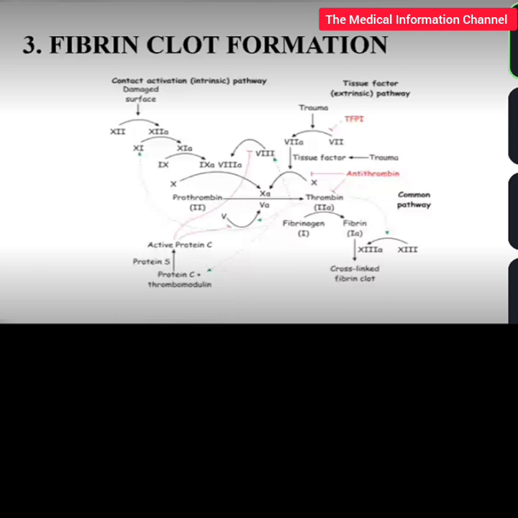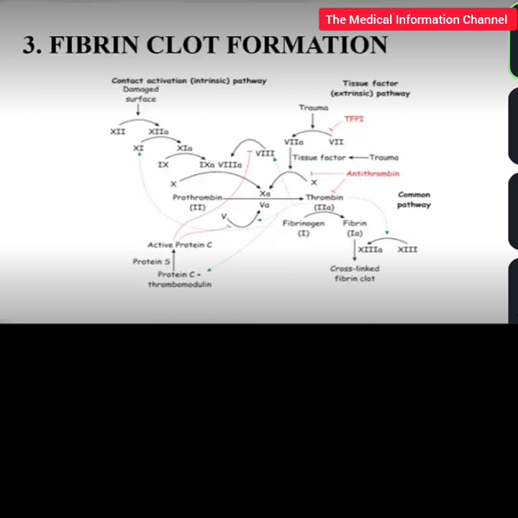So activated factor 10, with the help of activated factor 5, converts prothrombin to thrombin, which then converts fibrinogen to fibrin, and at this point bleeding should have stopped. So the pathway is regulated by 3 components: protein C, antithrombin, and tissue factor pathway inhibitor.